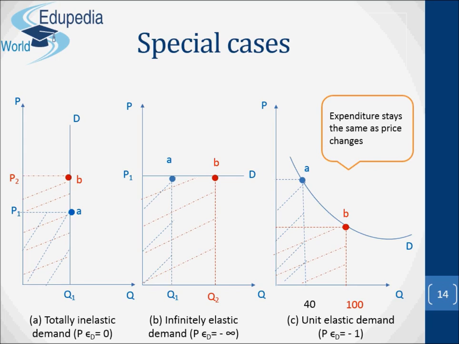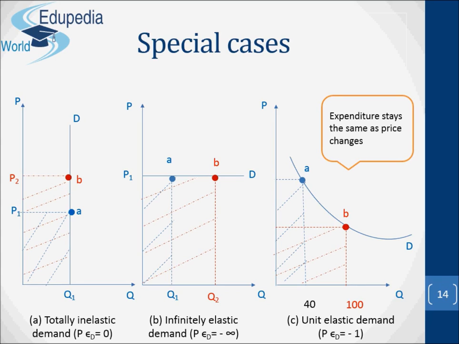The reason for its shape is that the proportionate rise in quantity must equal the proportionate fall in price, and vice versa. As we move down the demand curve, in order for the proportionate change in both price and quantity to remain constant, there must be a bigger and bigger absolute rise in quantity and a smaller absolute fall in price.